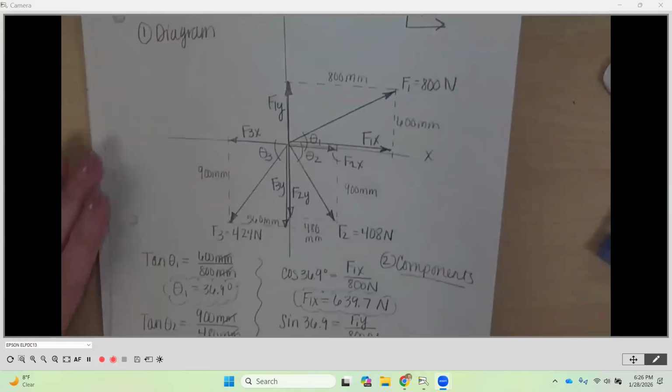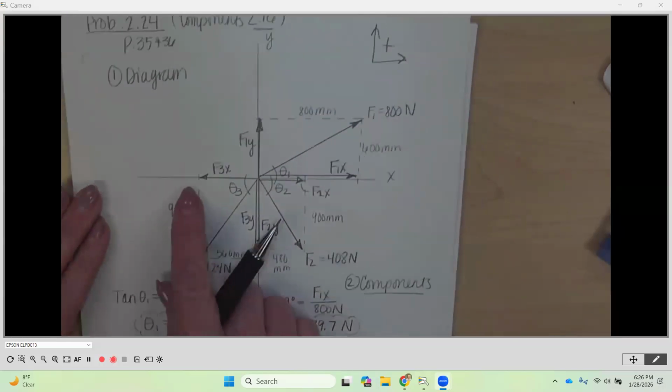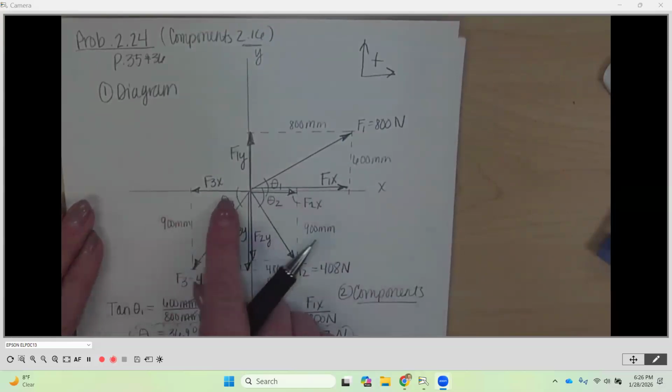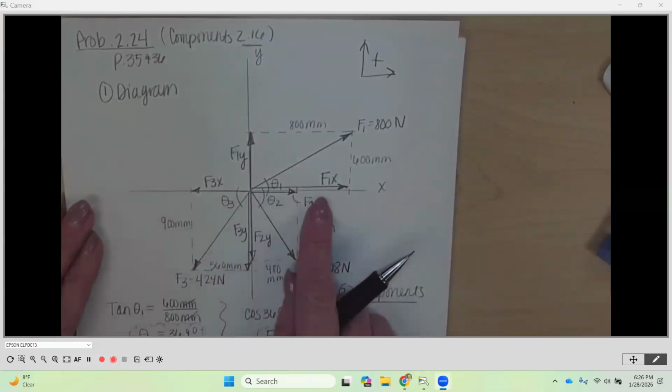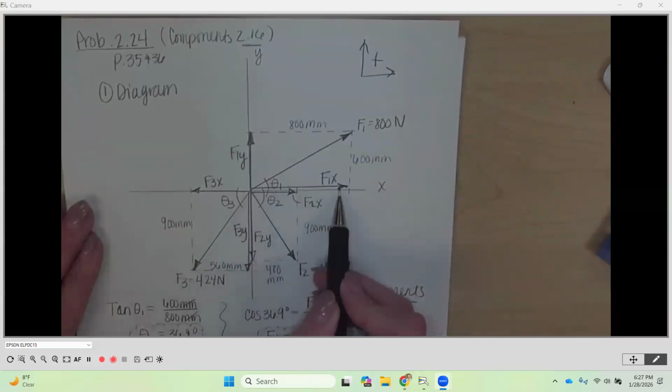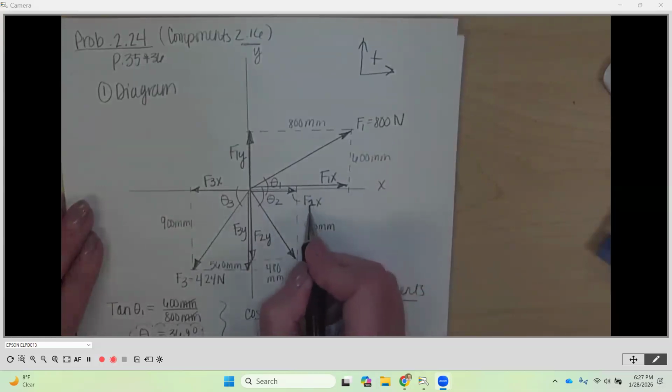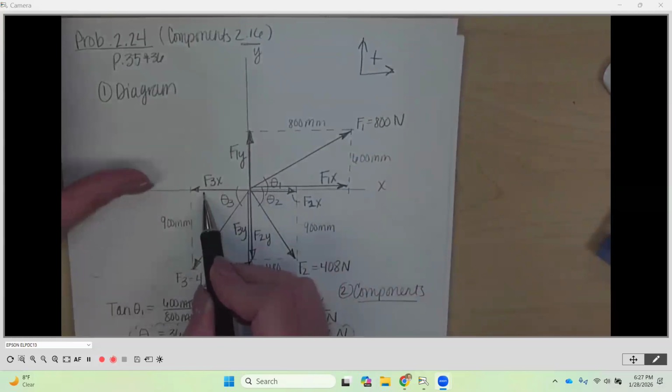Now we're going to go back to our original diagram, and this is where we're going to look. Since we're summing our forces in the X direction, we're only looking on that horizontal or X axis. So notice that we have a positive F1X, a positive F2X, and a negative F3X.